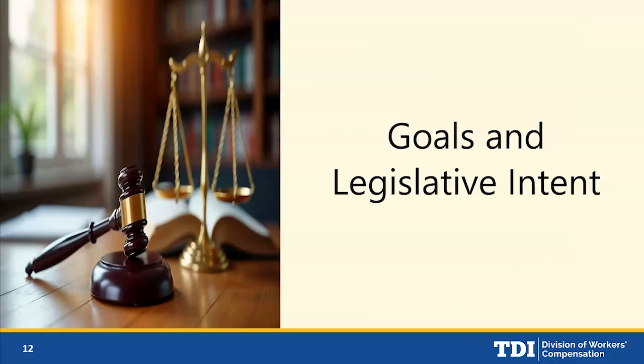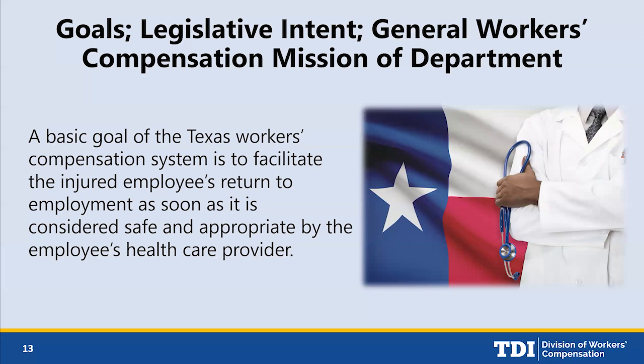So let's start with that legislative intent and goals. The overarching goal of the workers' compensation system in Texas is to help somebody, an injured employee, return to work as soon as it is considered safe and medically appropriate by their healthcare provider or their practitioner.